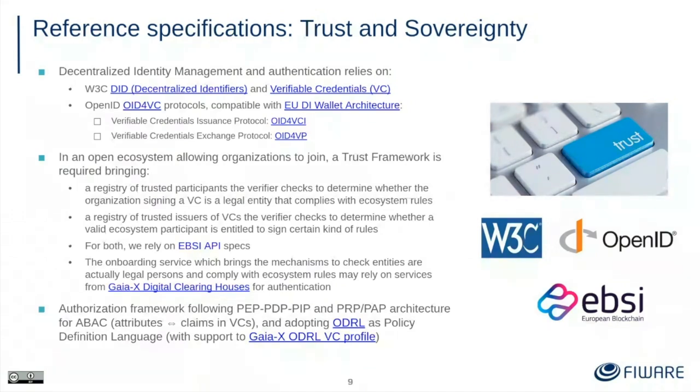This is essentially an API specification which allows you to look up if a certain identifier is registered for certain permissions. So is a certain issuer allowed to issue credentials of a certain type? It's possible to define additional properties for this issuer.